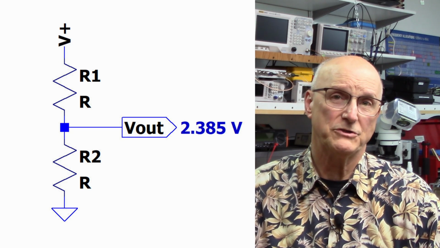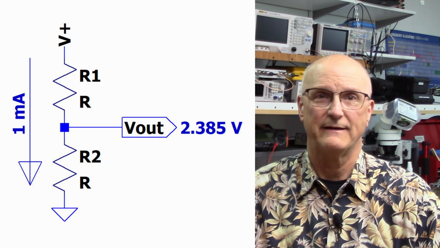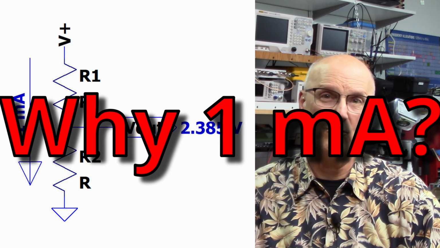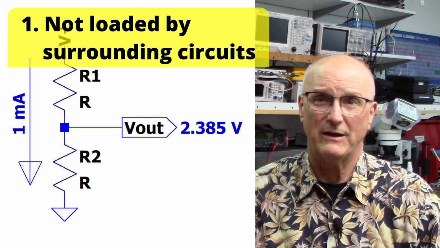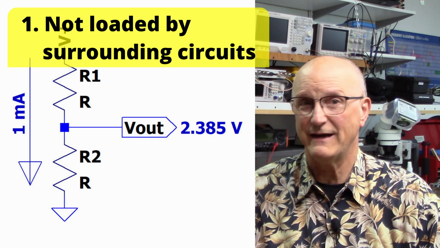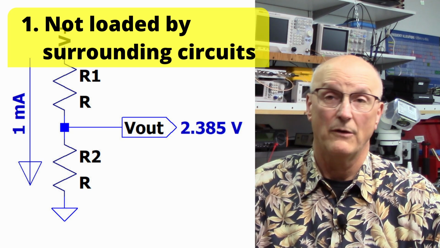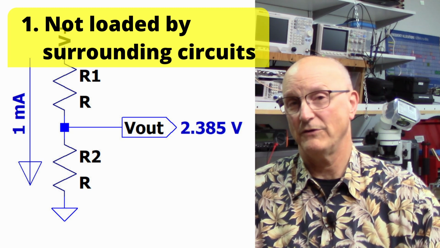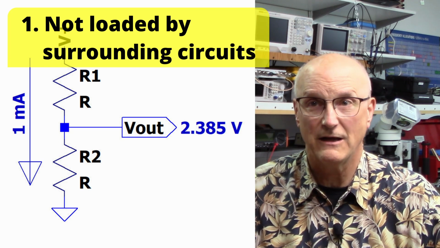Now, I'm going to choose to have 1 milliamp flowing through the divider. Okay, so you ask, why 1 milliamp? Well, first, we want enough current to be going through the voltage divider so that it isn't disturbed by minor stuff going on around it. We don't want the output of the voltage divider to be influenced by the load impedance of what it's feeding either.